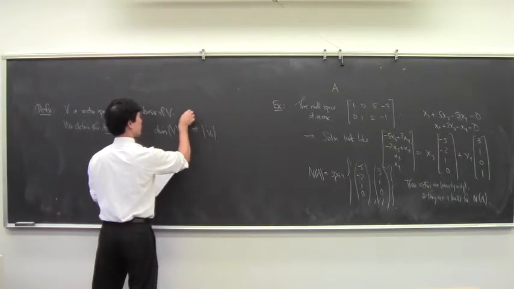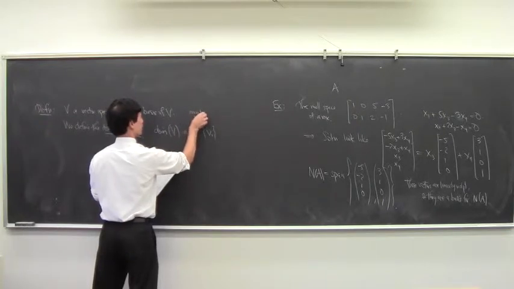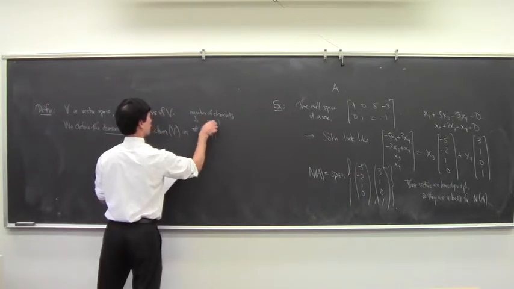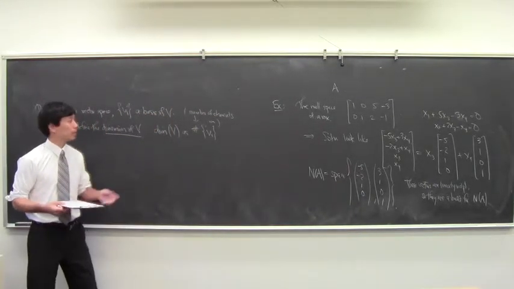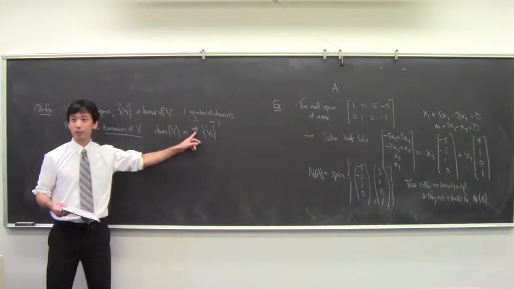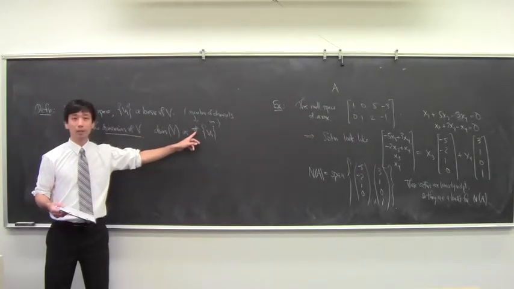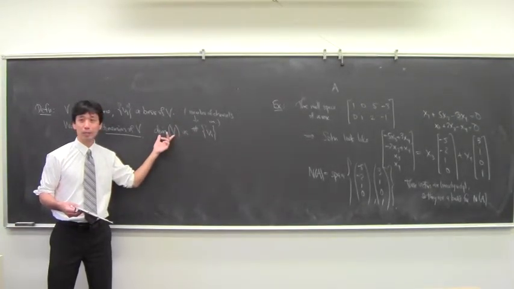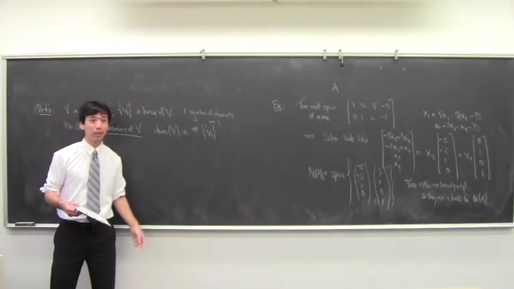Okay, so this thing means number of elements in. When you see this number sign, it generally means number of elements. So the dimension is defined to be the number of elements in any basis.